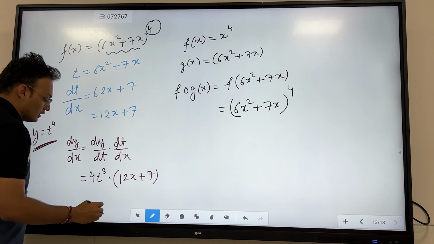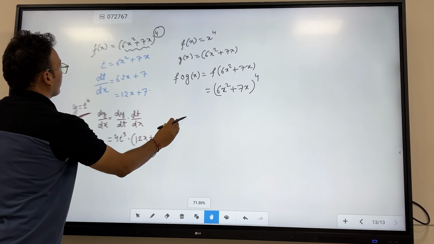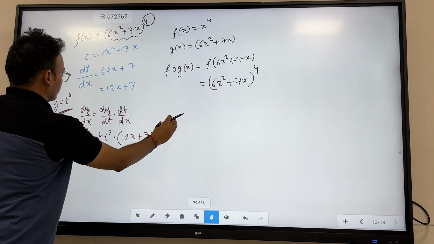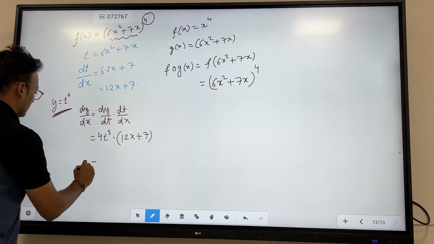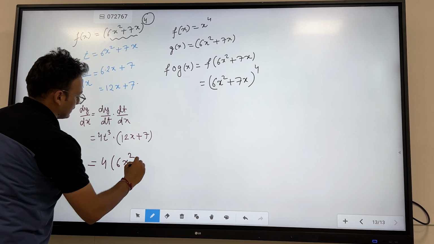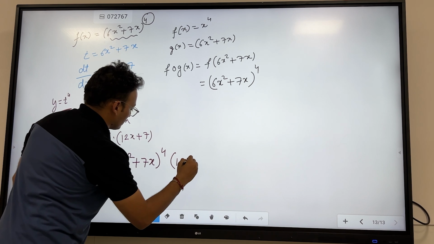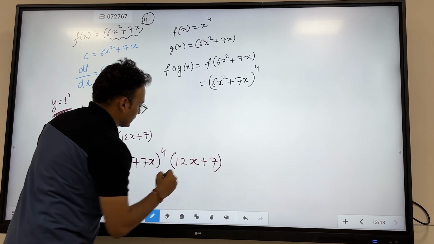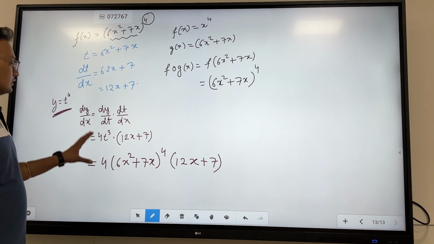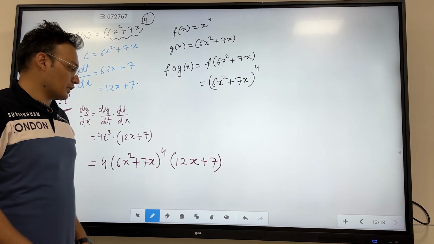And now you can just put the value of t. So I will get 4 times 6x square plus 7x whole cube times 12x plus 7. This is how our chain rule works. I hope this is clear to you everyone.